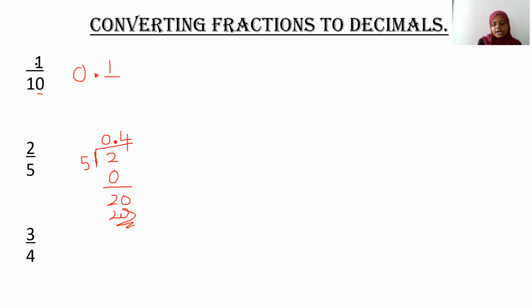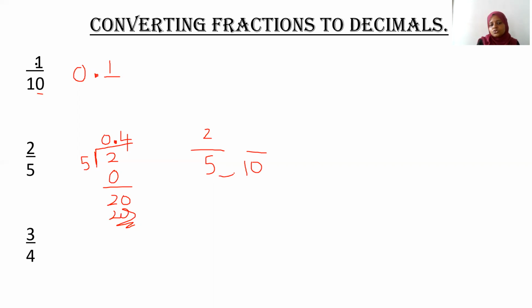That's it. Like I told you, there is another method. It is 2 over 5. You can make this 5 into a number which has zeros. You can make it 100, 10, or 1000, any number which is comfortable for you. When you look at 5, it's easier to convert into 10, right? 5 can be easily converted to 10.